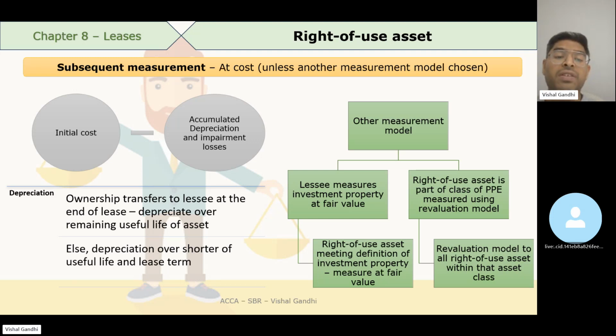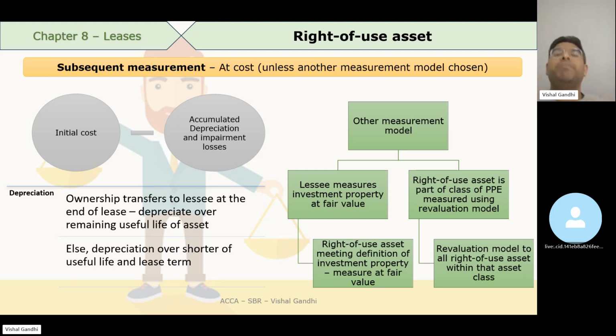Now there are two things. If the lessee has an option to purchase the asset, and ownership transfers to the lessee at the end of the lease, then depreciate over the remaining useful life of the asset.